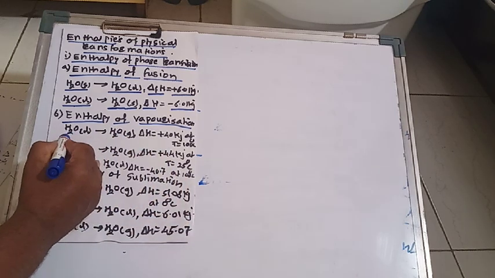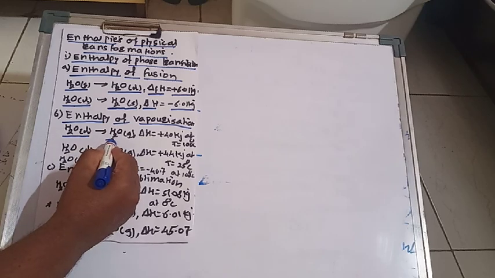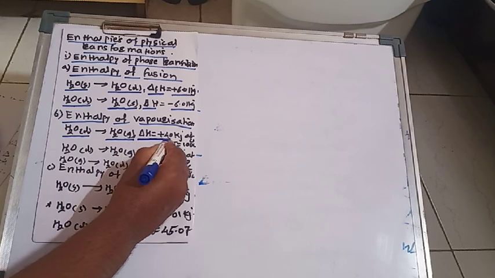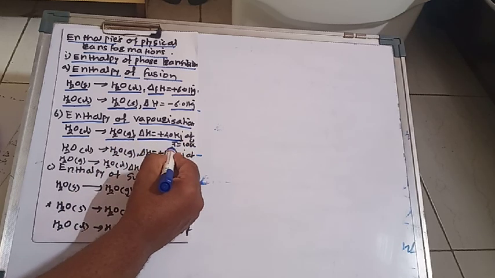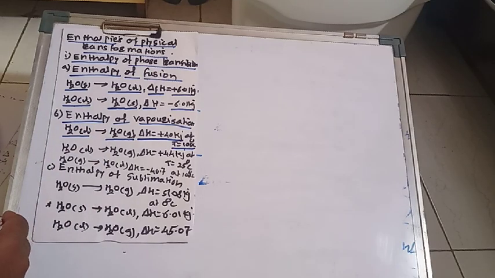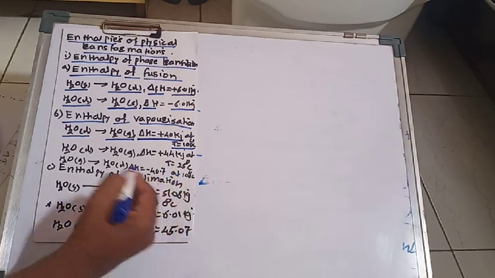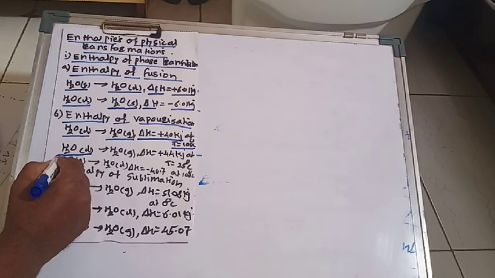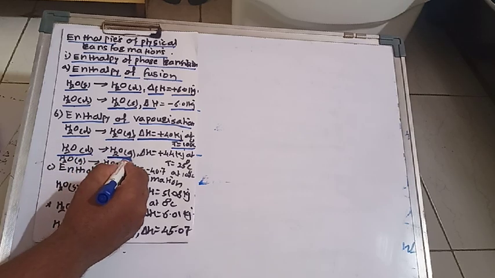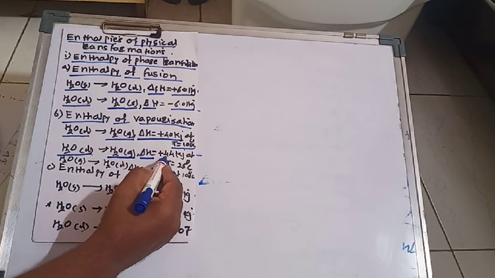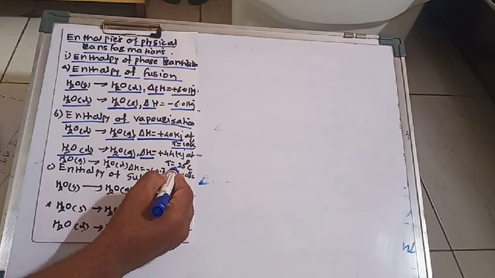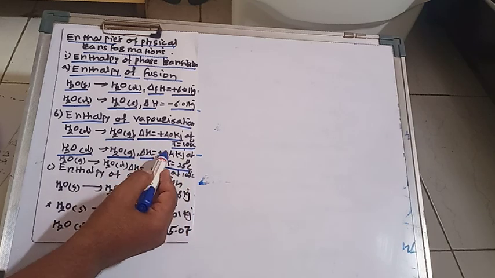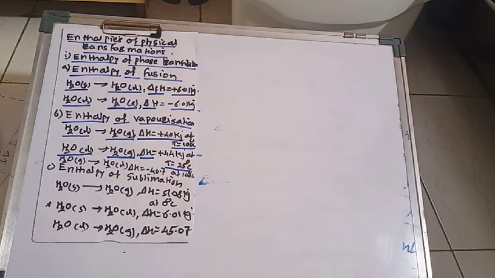Consider the example: H2O liquid is converted into H2O gas, that is vaporization takes place, and delta H vaporization is plus 40.7 kilojoule per mole at 100 degrees Celsius. If the reaction is carried out at 25 degrees Celsius, H2O liquid gives H2O gas, delta H is plus 45 kilojoule at 25 degrees Celsius. Means if temperature changes, we get different values of enthalpy of vaporization.